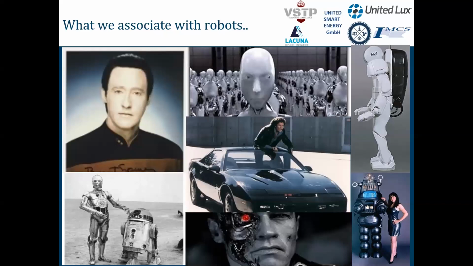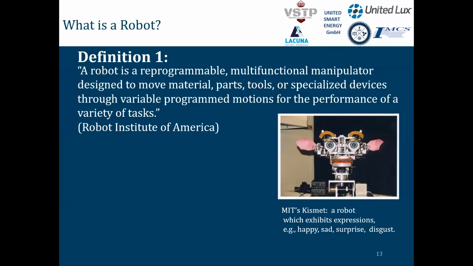There are different definitions of a robot, but there is not one solid definition. The Robot Institute of America says a robot is a reprogrammable, multifunctional manipulator designed to move material, tools, or specialized devices through variable programmed motions for the performance of a variety of tasks.